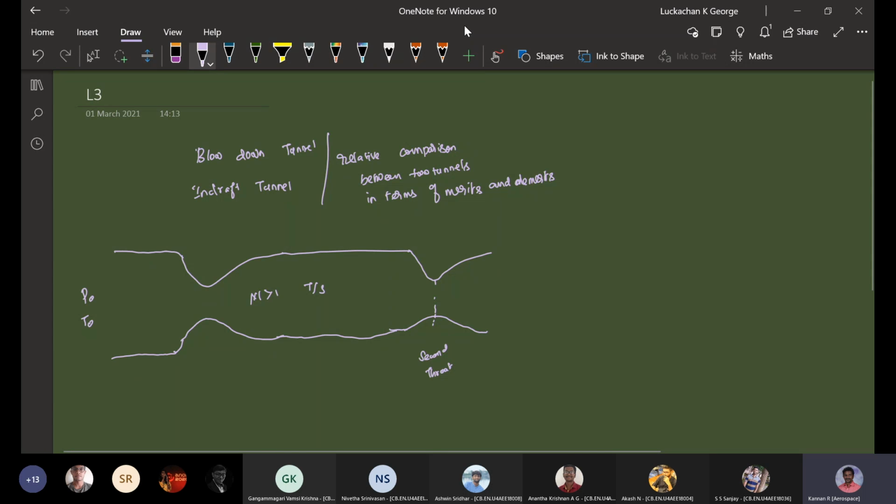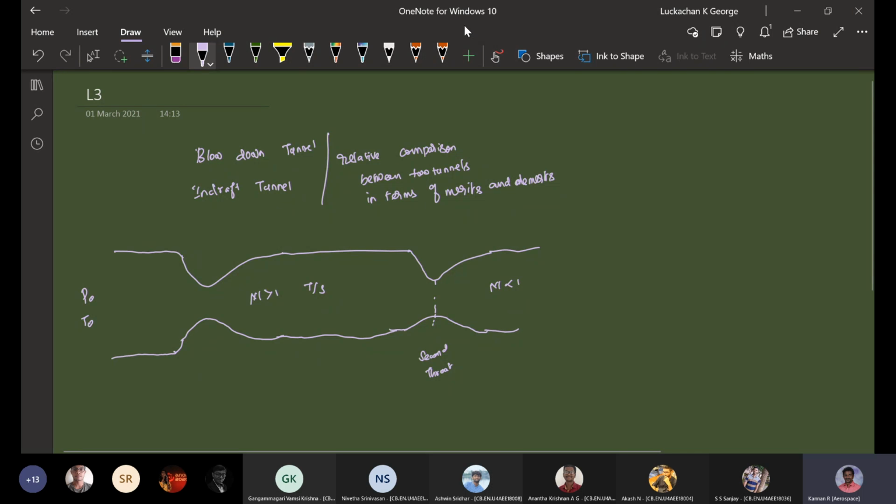So here, after the second throat, you are going to have a subsonic Mach number. The purpose of the second throat is that it's going to help you in reducing your power losses, because that is the pressure recovery point.